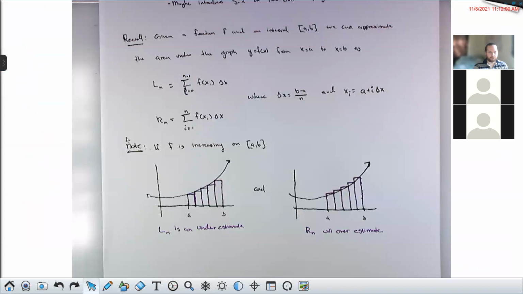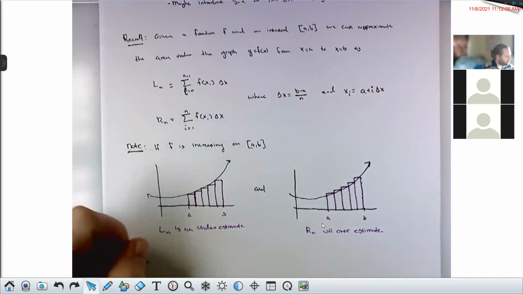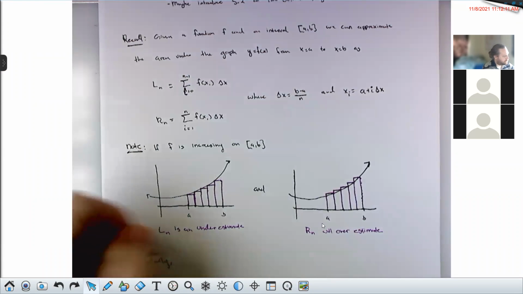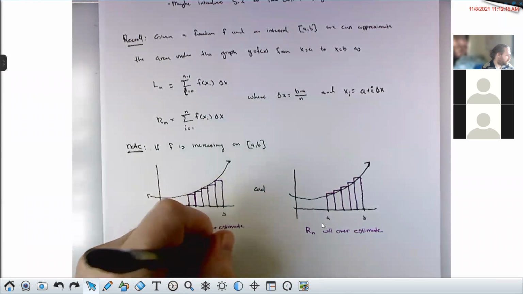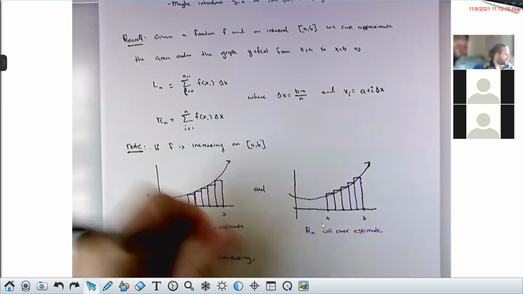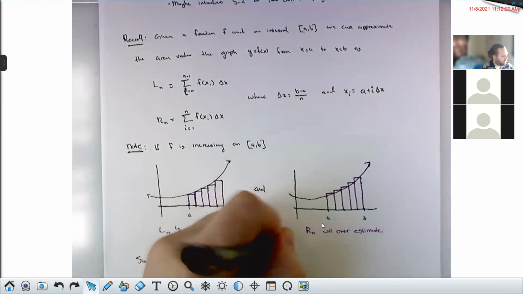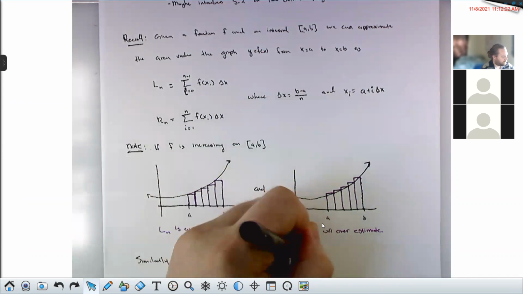Okay, so similarly, if f is increasing, then L_n underestimates and R_n overestimates. Similarly, if f is decreasing, then L_n will overestimate.